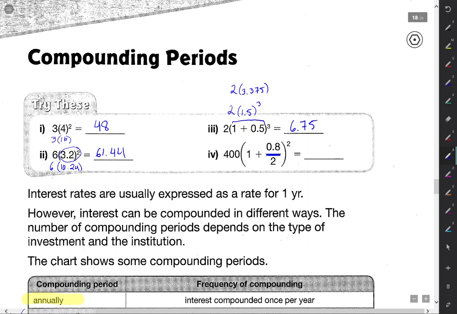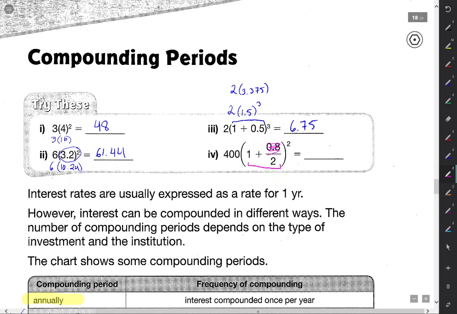And then finally, for the last one, we have 400 times 1 plus 0.8 divided by 2, because remember this line here means divided by, and then all of that to the power of 2. How I would do this question is I would start in the brackets, and I would follow BEDMAS within the brackets. In the brackets, we have addition and we also have division. So I would start by doing 0.8 divided by 2 first, which is 0.4.